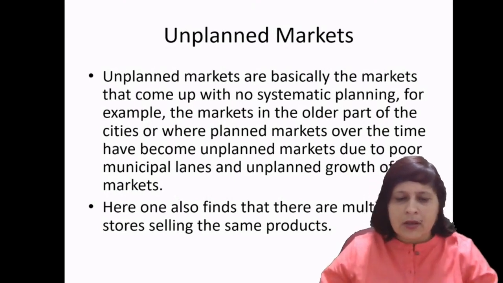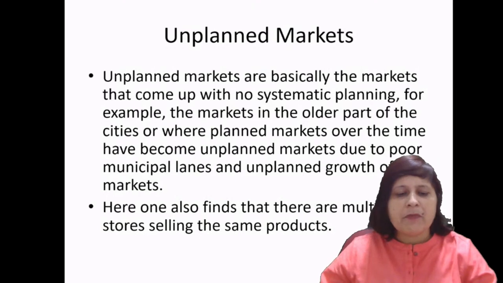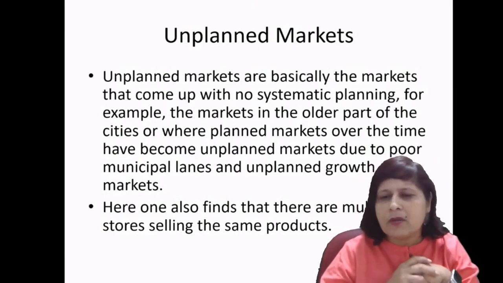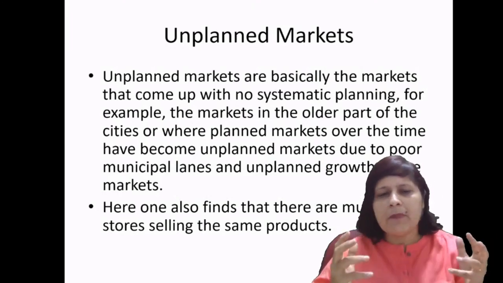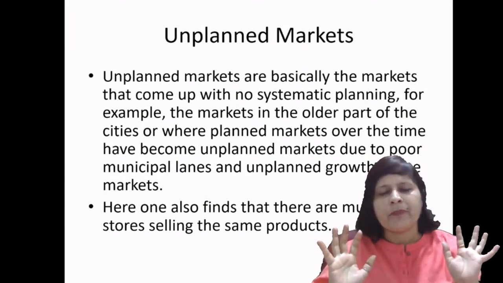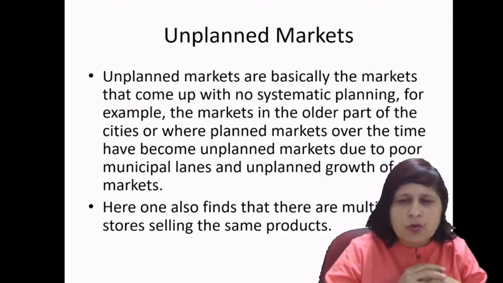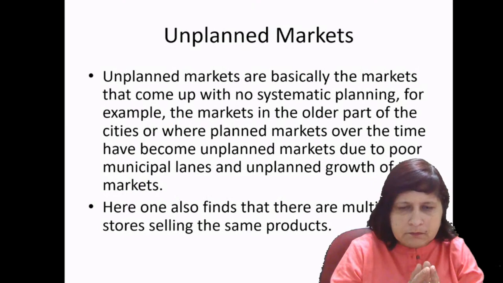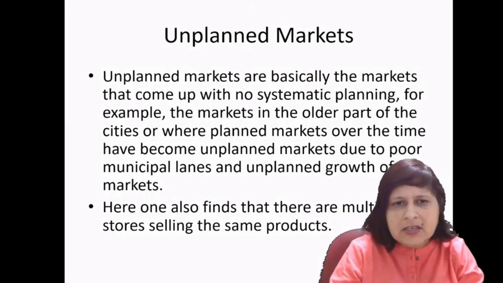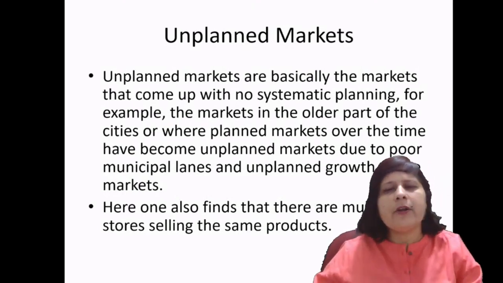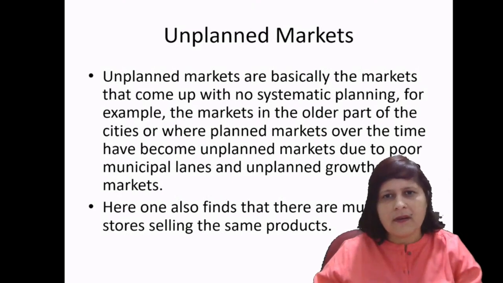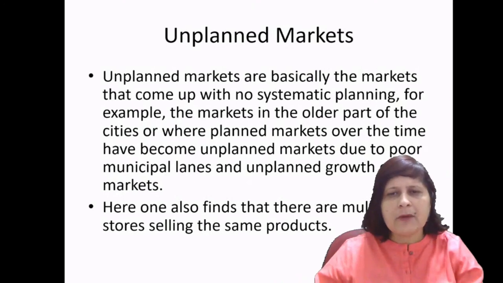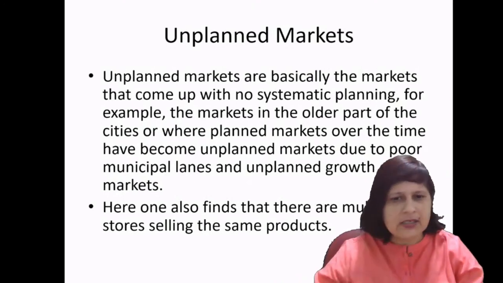Right? One also finds there are multiple stores selling the same product. Right? There are no plans for the market, and basically you will find these unplanned markets in the older parts of the cities. Right? There are so many unplanned markets in each and every city.